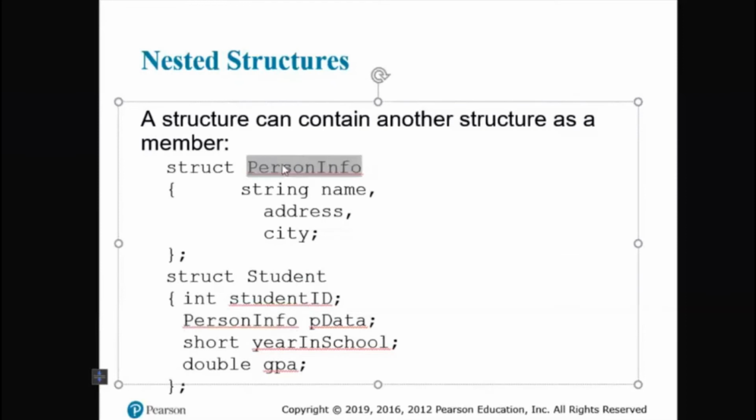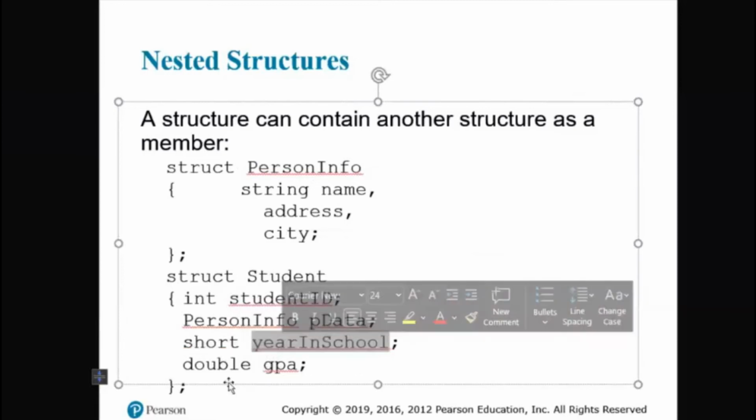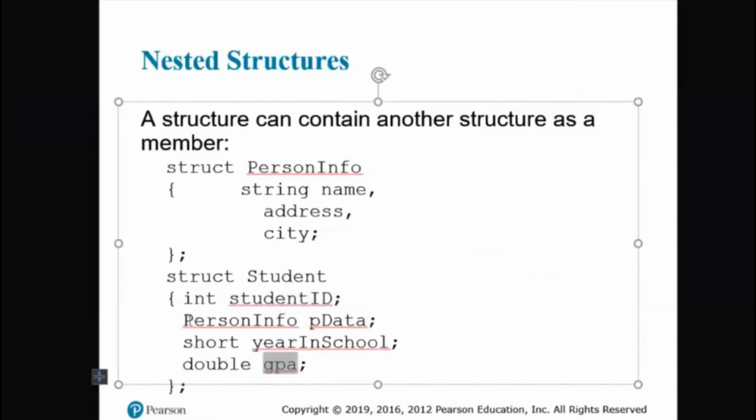So we put one structure inside another structure. This is called nested structure, and the value p data, and then short, the same built-in type, no problem, and double. So we put this one inside this student.